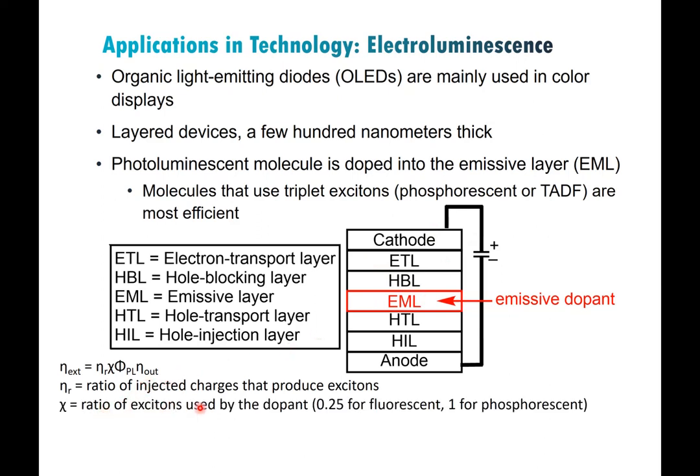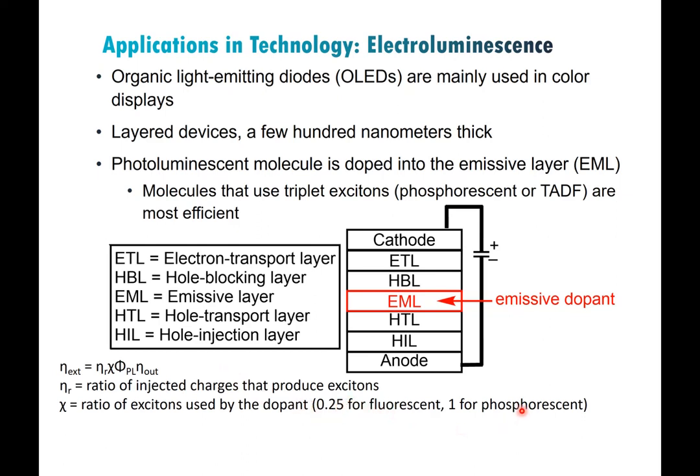Chi here is the ratio of those excitons that are used by the dopant, and this is where the luminescence mechanism of the dopant is critically important, because of spin statistics, the excitons that are generated are going to be 25% singlet and 75% triplet. There's really nothing you can do to change that ratio. That's just quantum mechanics, which is usually difficult to fight. So if you use a fluorescent dopant, they can only use the singlet excitons, which means that chi and thus the overall efficiency maxes out at 25%.